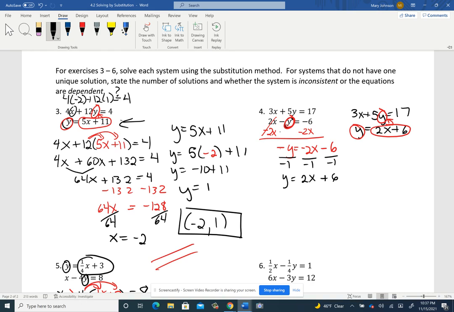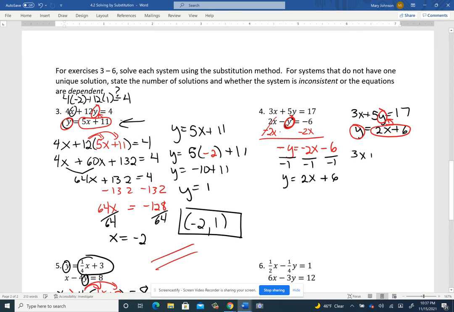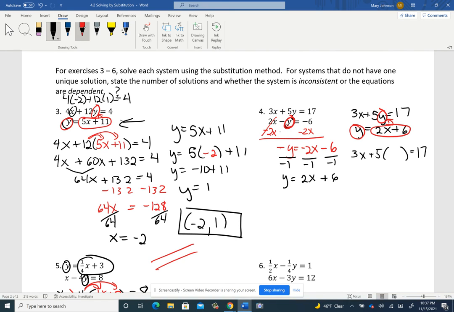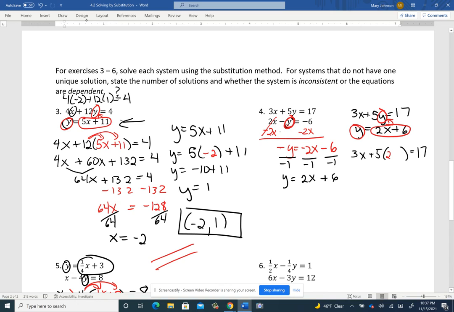I'm going to take 3x plus 5 times the 2x plus 6 has to equal 17. So 3x, now I'm just getting ready to solve that like I do in chapter 2. 3x plus 10x plus 30 would equal 17. So the 3x and the 10x are on the same side.